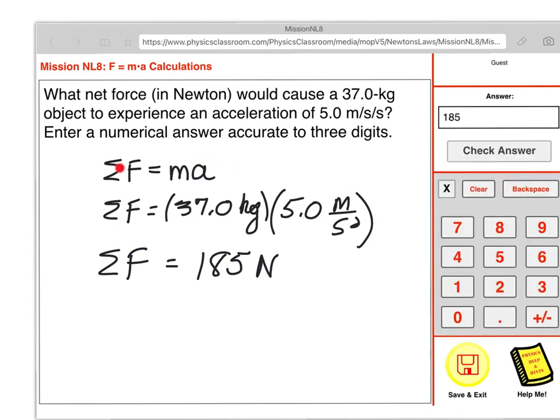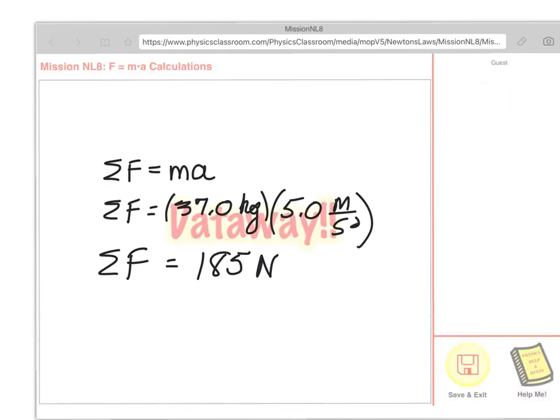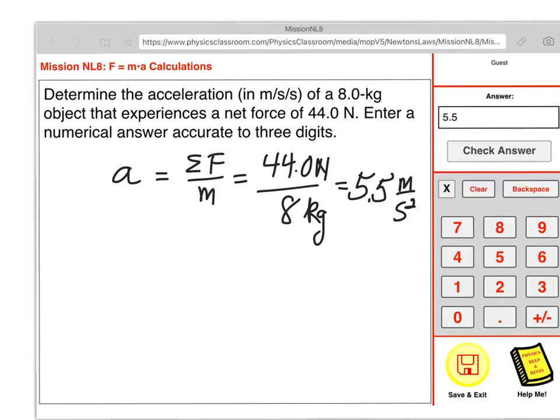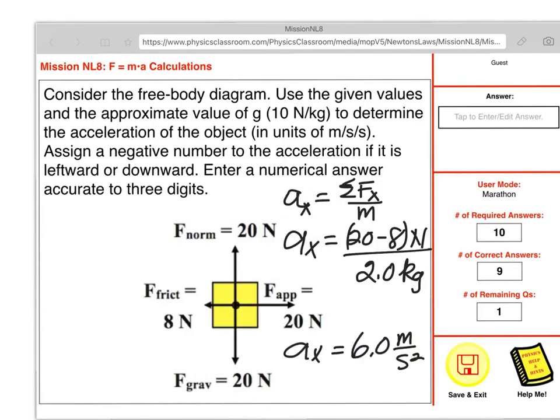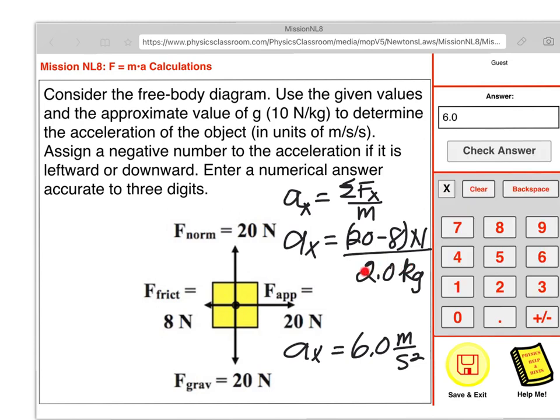Notice the correct problem-solving format: equation, numbers with units, final calculated answer. Notice I got the 2 kilograms from 20 newtons divided by g.